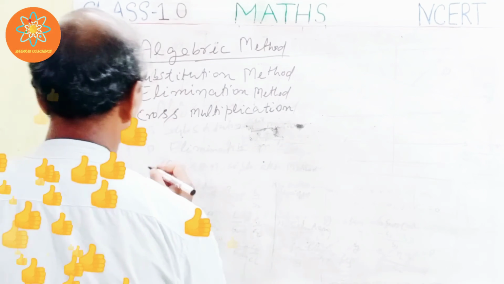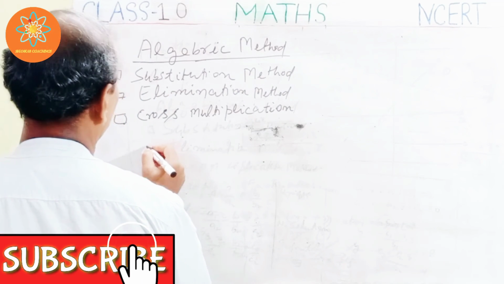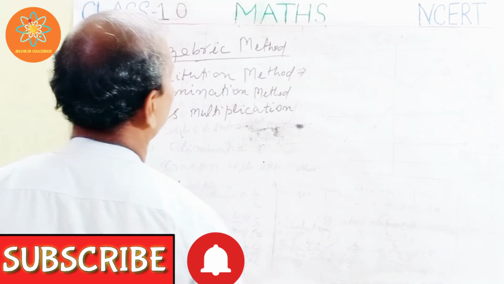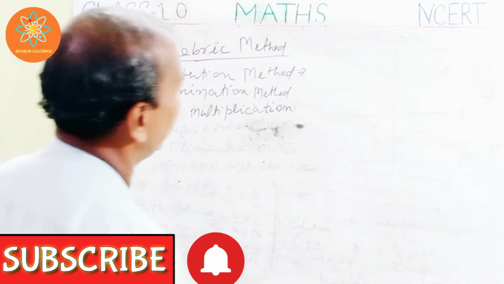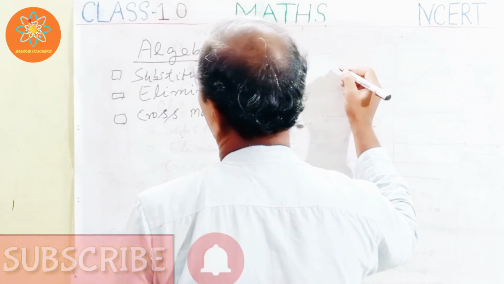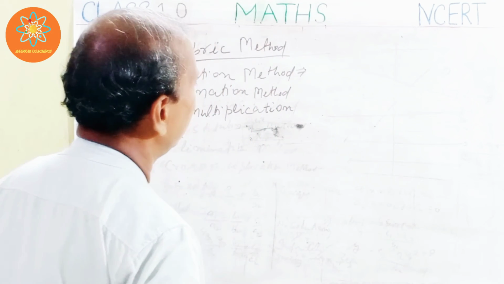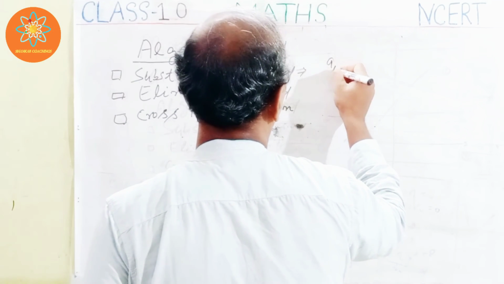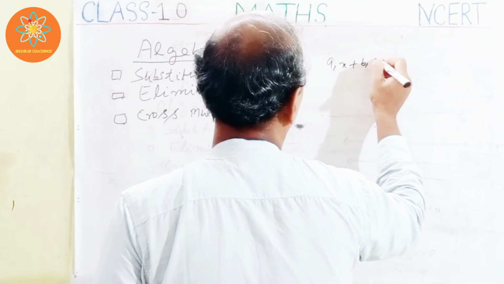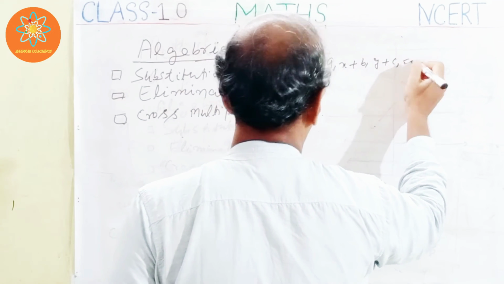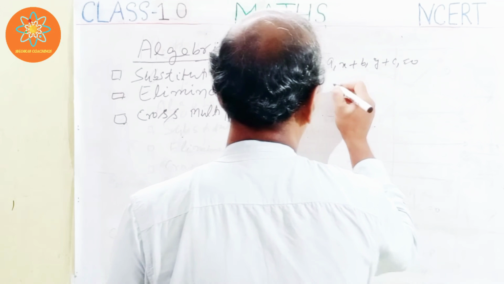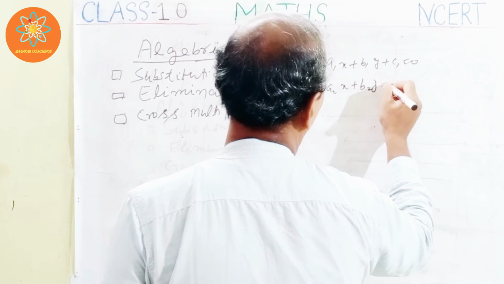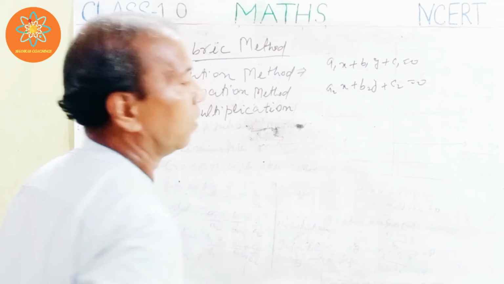So come to the case of the substitution method. The general equation for a linear equation of two variables is a1x plus b1y plus c1 is equal to 0, and another equation is a2x plus b2y plus c2 equal to 0.